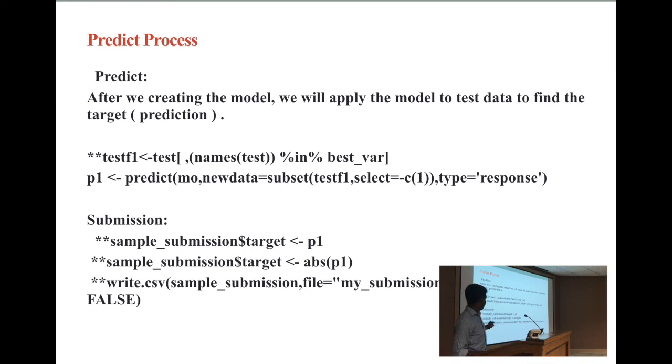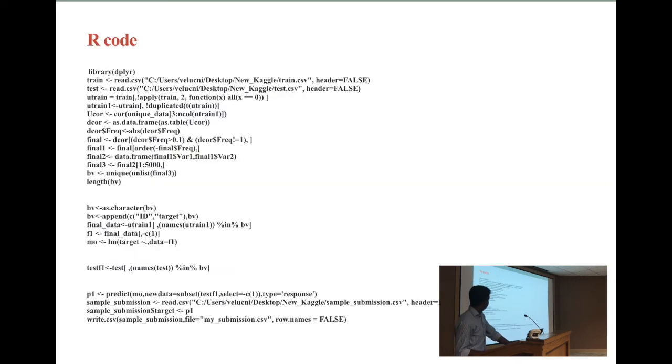Here I write the file into my local system, then I will upload it to the Kaggle website. This is the code I wrote for the competition. These are the things on the length BV and PV and PST variables. Then I change those variables to character and append the ID and target.